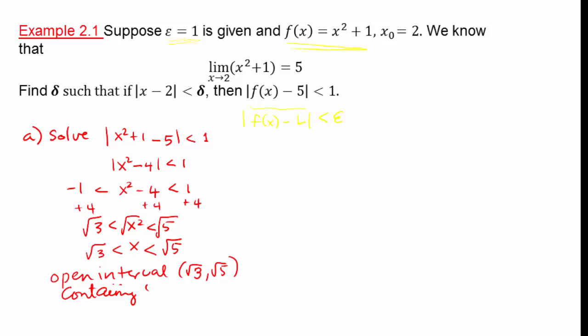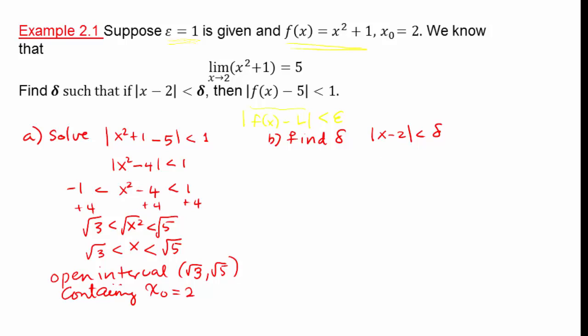containing our x sub 0 equal to 2. Alright, now let's look at this. Is this a symmetric open interval about 2? Well, we'll find out when we apply our step 2, or letter B, which is to find a delta that satisfies the absolute inequality absolute value of x minus 2 less than delta.